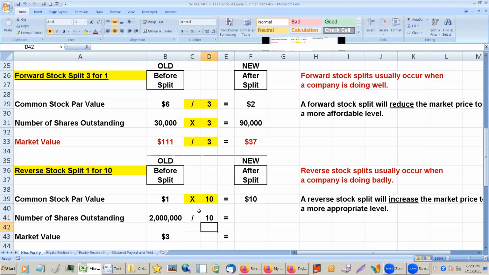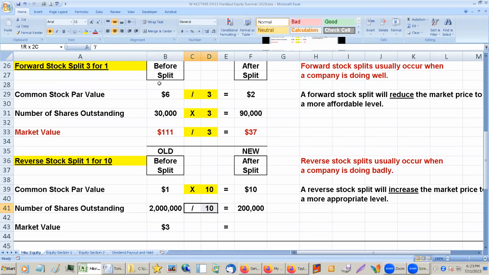So divide by 10. So it's reducing the number of shares outstanding. And down here, this is what we're really aiming at. And this is to get the stock price up to a level that most people like to see when they're buying stock.